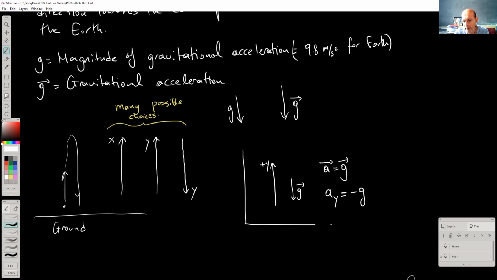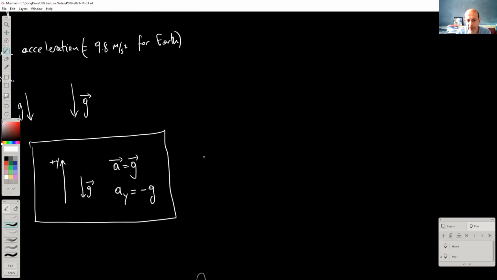So that's a negative number in that case. Or I can choose the y-axis to be pointing downward. Gravity is still the same, the physics doesn't change, and the acceleration of the objects is still the same, but the y component of the acceleration is now plus g.